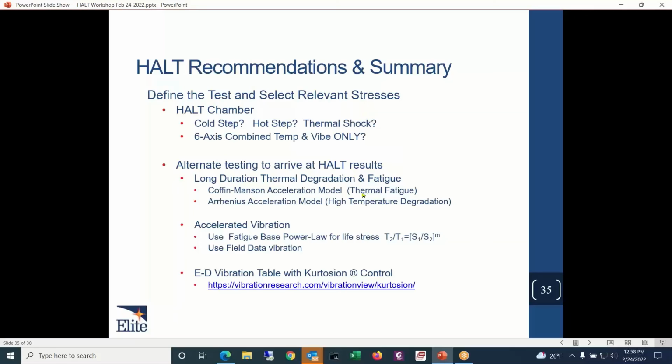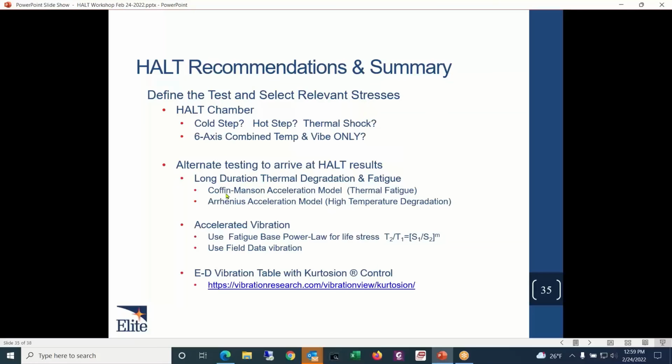And the reason that they do that is it's a very effective thermal fatigue test for finding faults at solder joints. You wouldn't find through a thermal shock test of 5 cycles the amount of damage that you might get by doing a longer duration test.